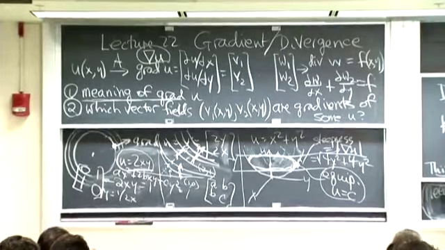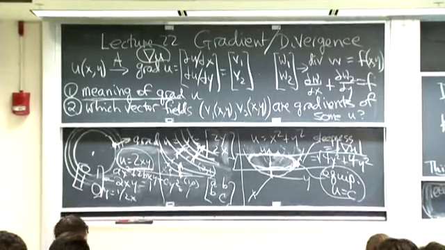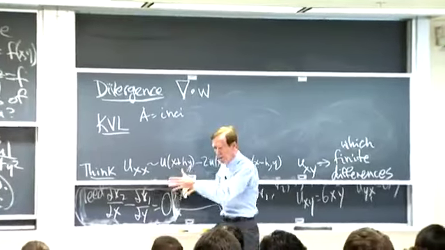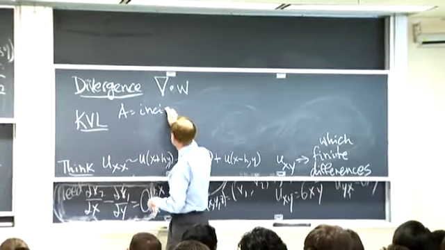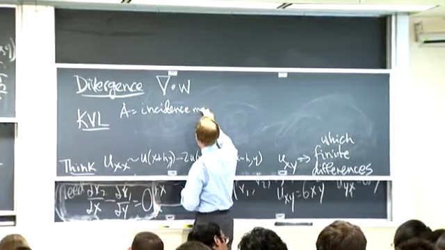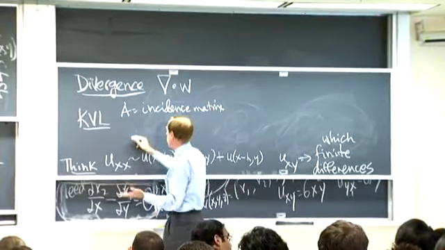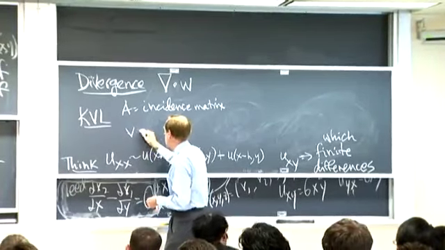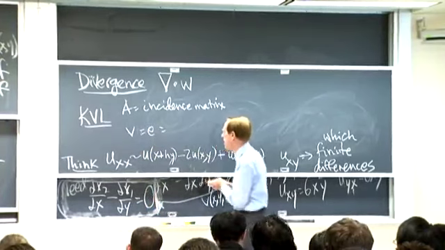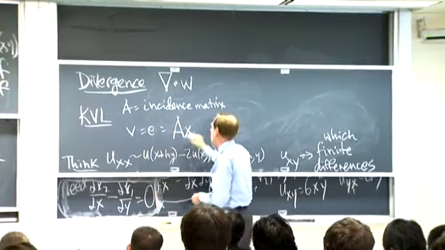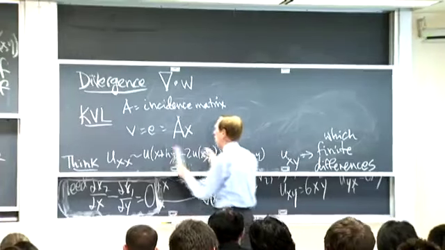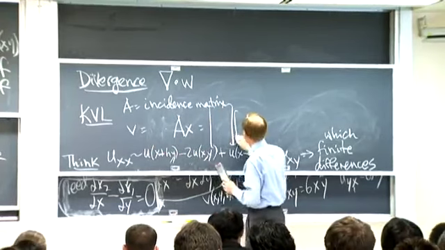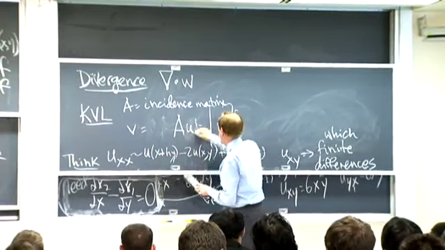So Kirchhoff's voltage law for a graph. A is an incidence matrix. You know, the -1, 1 guys, 1 for every edge. Let me call it E. I called it E at that time. Let's just look at AU.